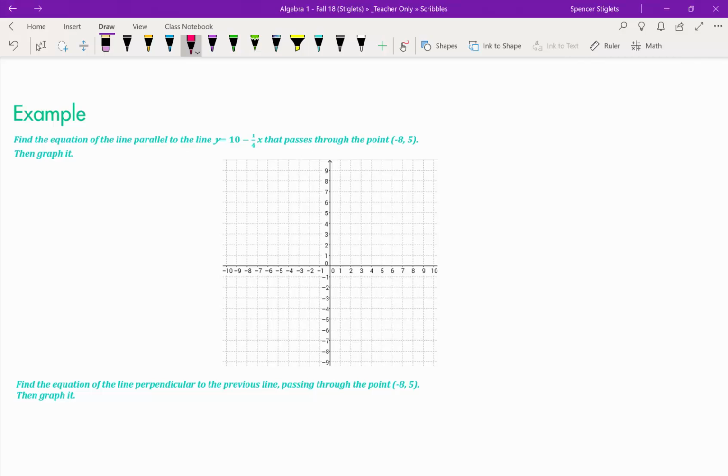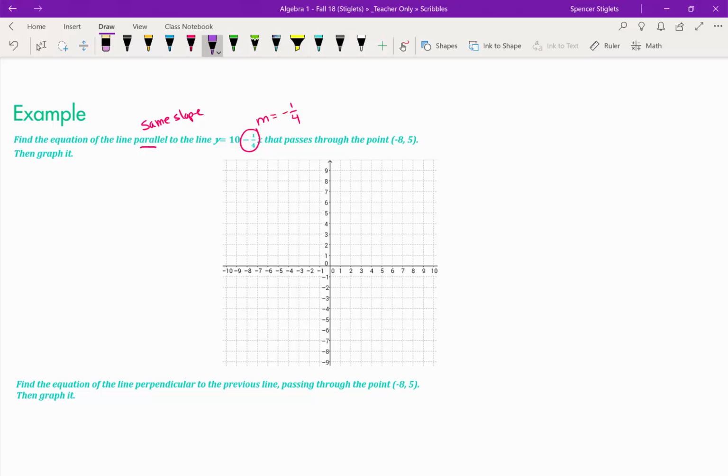So let's maybe do one other example. This one says find the equation of the line parallel to the line 10 minus 1/4 x that passes through this point. If you look at this, the minus 1/4 there is the rate of change. I know that my line is parallel, which means it has the exact same slope, or the same rate of change.